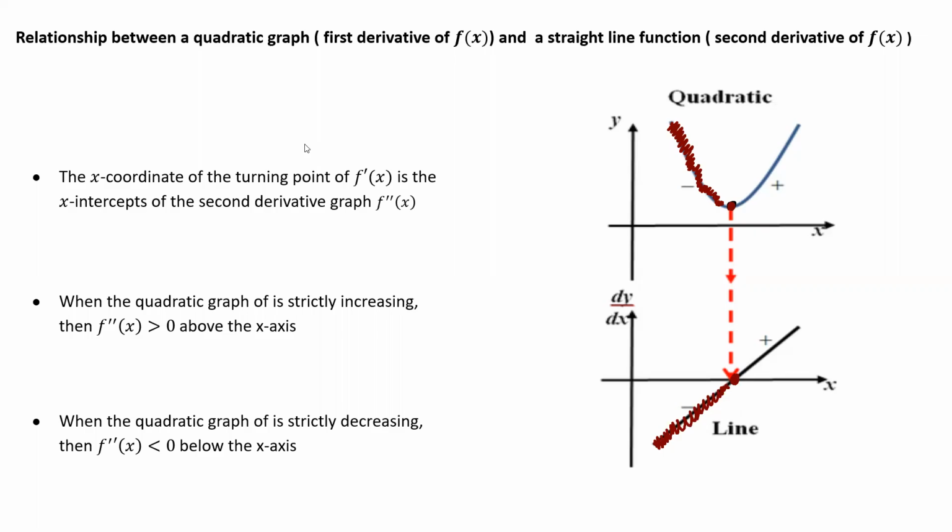And similarly, when it is increasing, when the graph of the quadratic is going up, in the straight line, the second derivative, we're looking at portions of the graph where it is above the x-axis, when the second derivative is below the x-axis right there. So that's exactly what you are looking at. So remember these very important relationships.